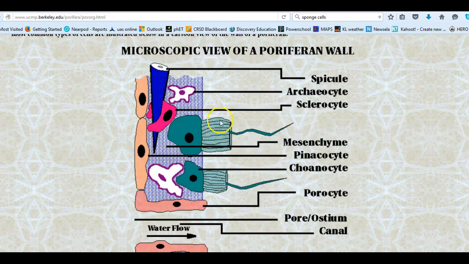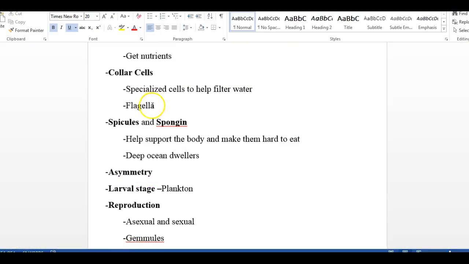If we go back to it, this is this collar cell, and we see here that they have the flagella on them. So just a collar cell or choanocyte plus a collar on it. Kind of looks like this. Just draw a picture. Embedded in the body, then it has a little collar and a flagella.